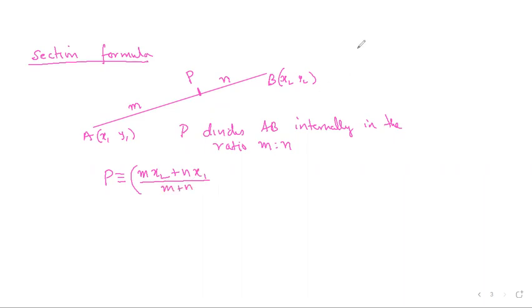Look at the way it has to be done, everybody. This m will multiply x2, cross multiply. This ratio n will multiply A's coordinate. Add both of them and divide by m plus n. Same thing to be applied for y coordinate. m y2 plus n y1 divided by m plus n.